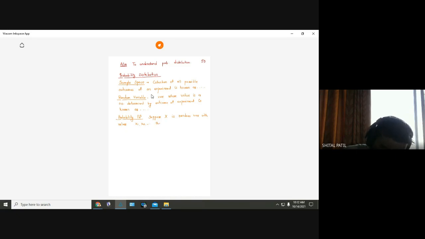Then f of x1, f of x2 are values of f at x equal to xi.